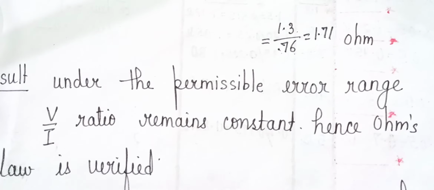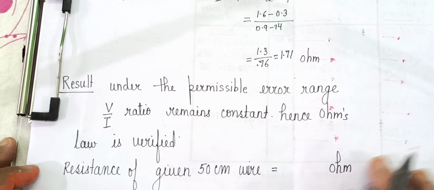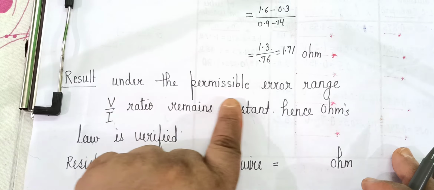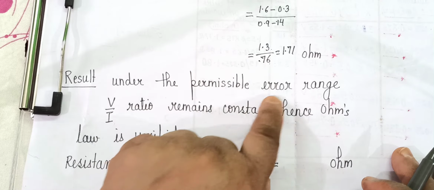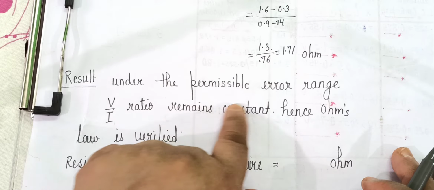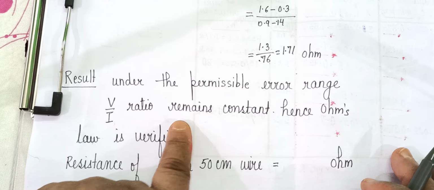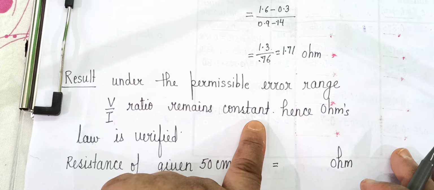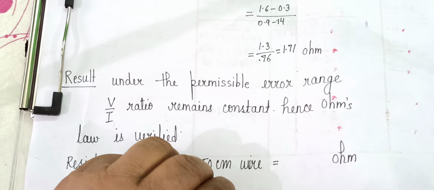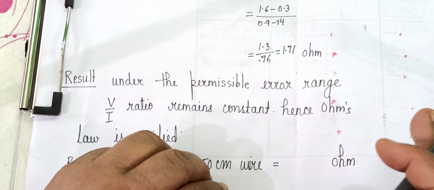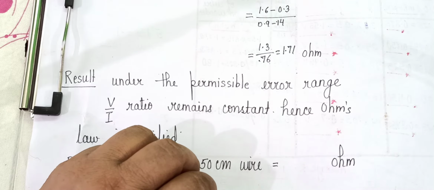So now let me see how we have to write the result. We have to write that under the permissible error range, and permissible error is that 10% error is allowed, V upon I ratio remains constant. V upon I ratio remains constant means V is directly proportional to current I through the graph that we have seen.